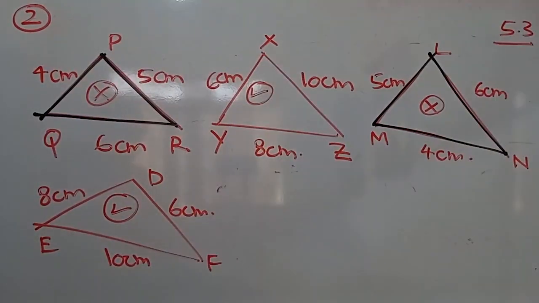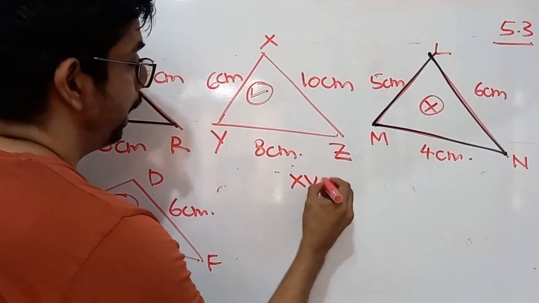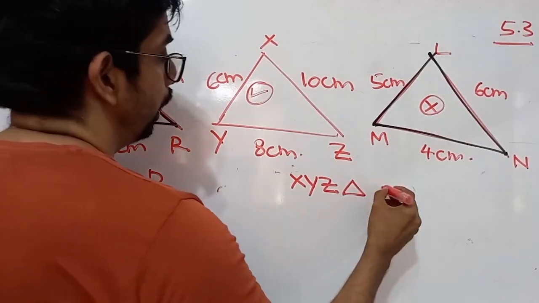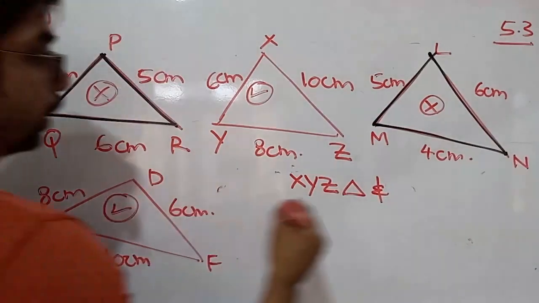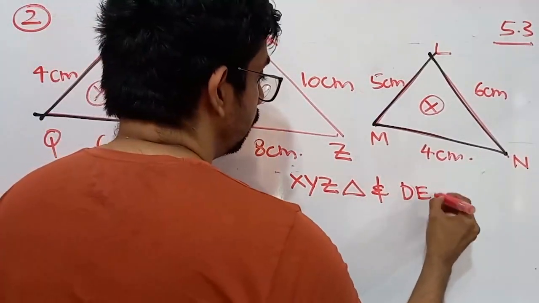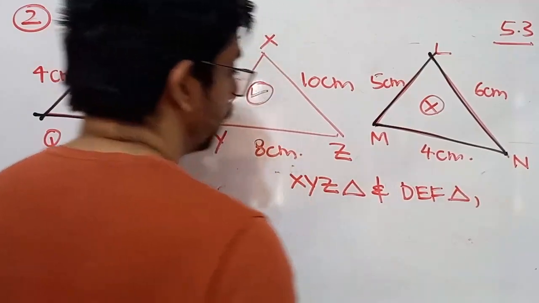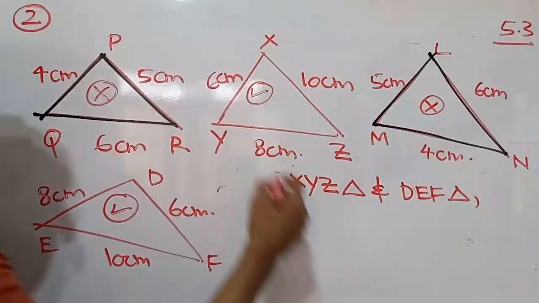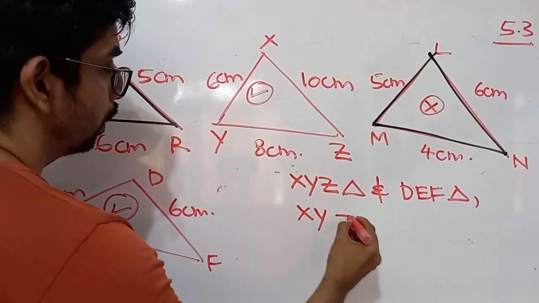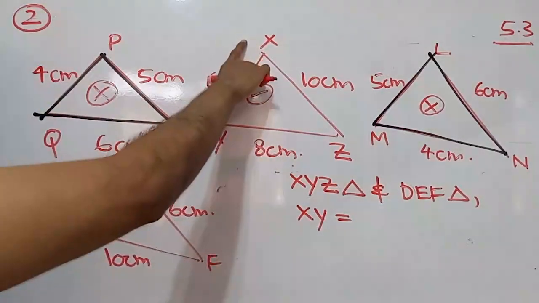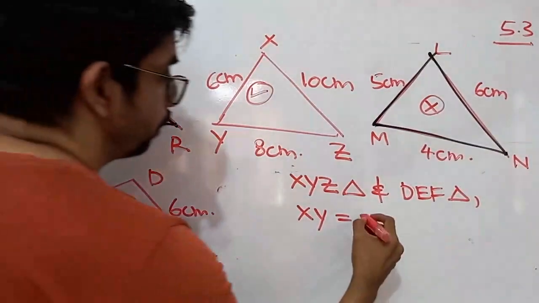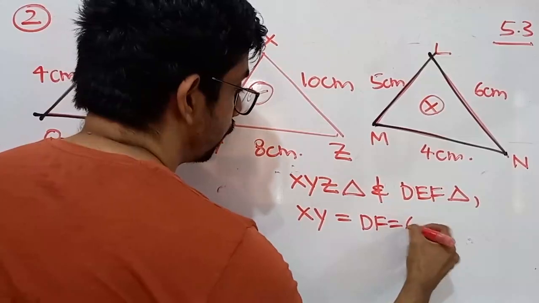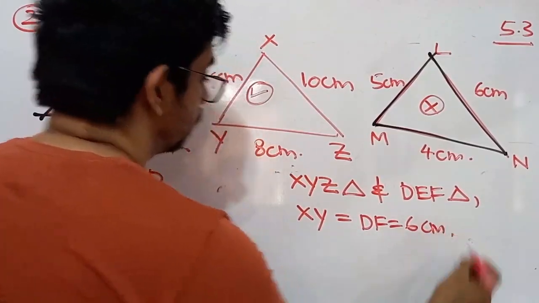Now we will take the triangle XYZ and DEF triangle. If we take the side XY, that is equal to what? XY and DF are equal, 6 centimeters.